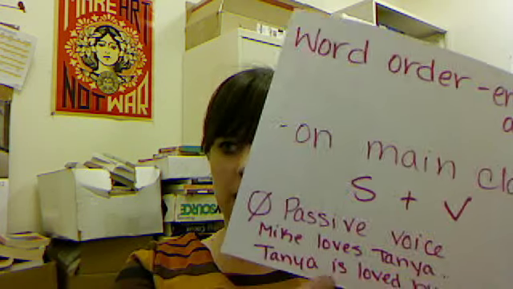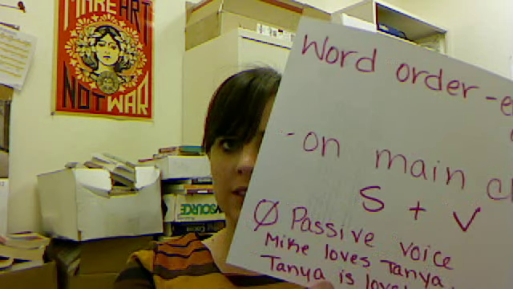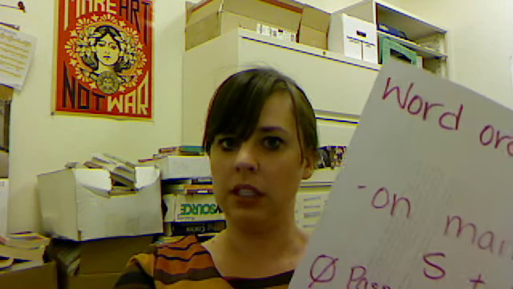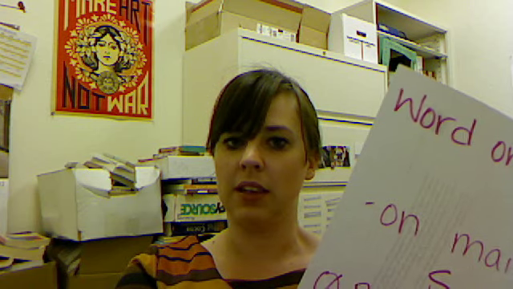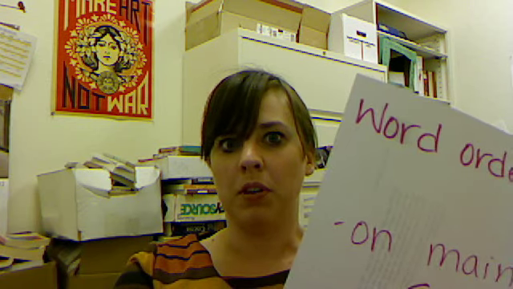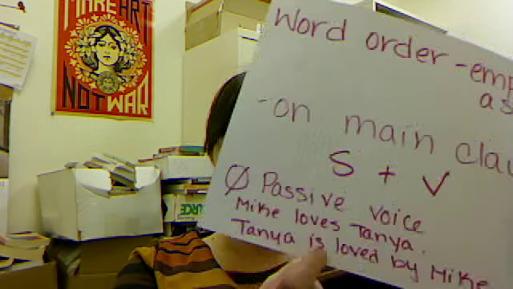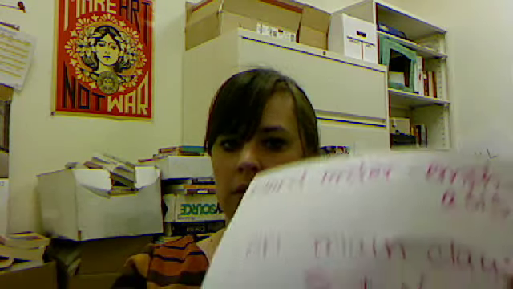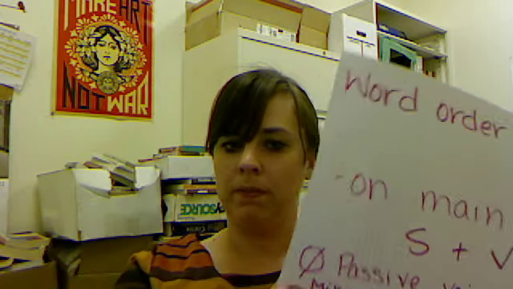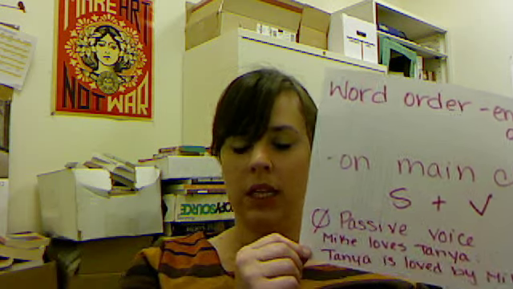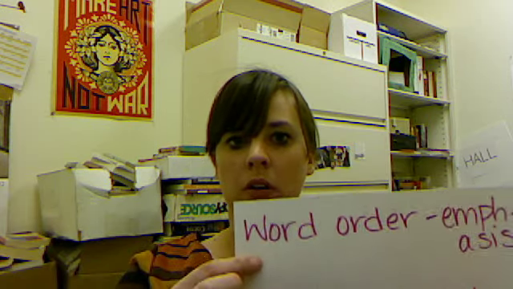So Tanya, now she's the object of Mike's love. She's not the subject. She's not actually doing anything in the sentence, so she probably shouldn't be first. Tanya is, that's to be, loved by Mike. That's kind of wonky. That's passive voice. So word order or emphasis is one of the things that you want to pay attention to.